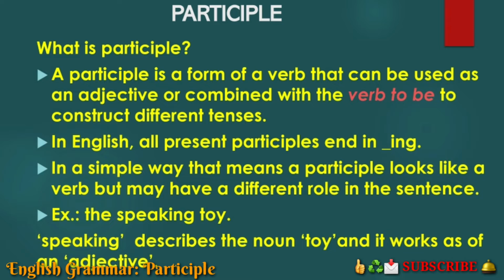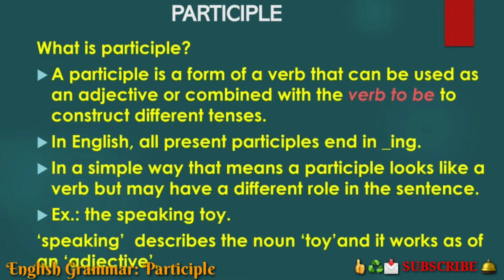Okay, I shall be explaining how verb to be is used to construct different tenses. Okay, students. In English, all present participles end in ing. So here a participle can be formed by adding ing to a verb.